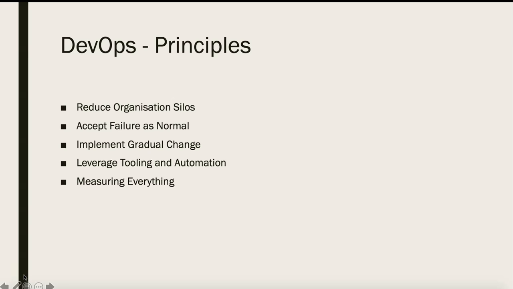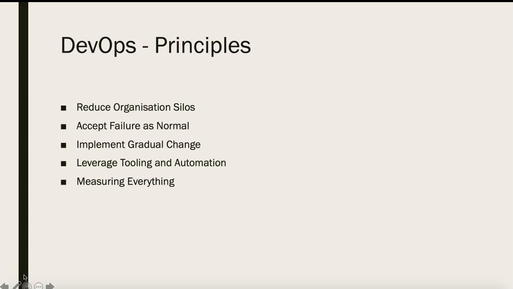Next one is accept failure as normal. We all know that software, when it is built, will have bugs. There is no software which is free from bugs, and they are normal. So failing something while doing a deployment, while going into production, is normal, and DevOps practice accepts that as normal.